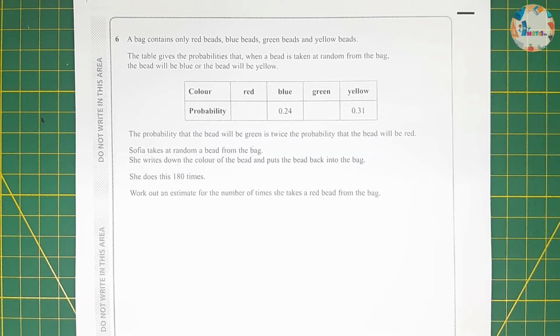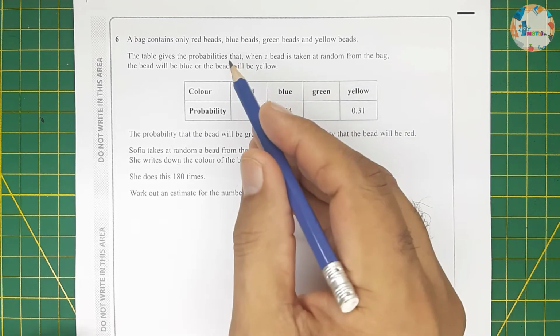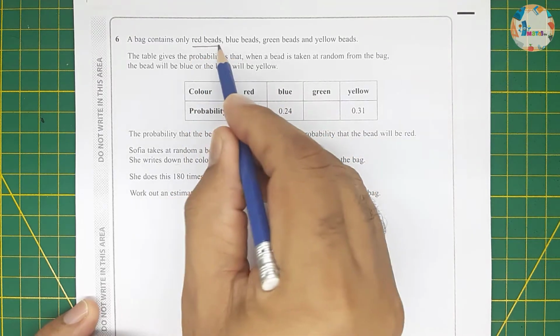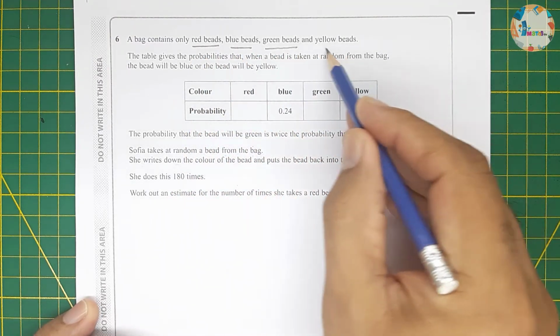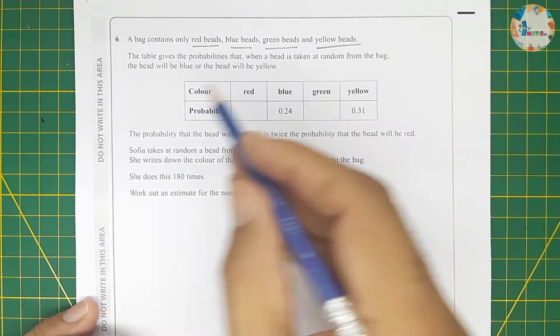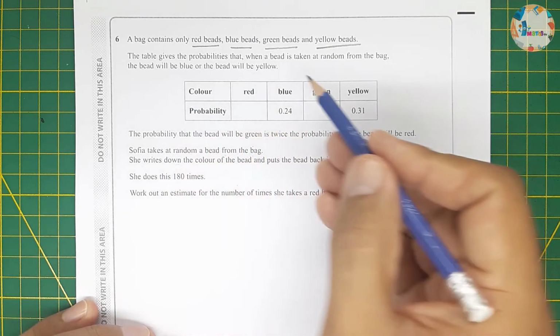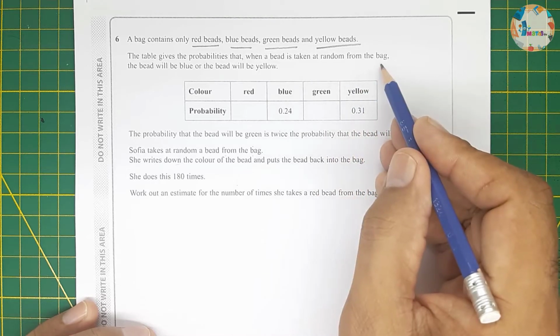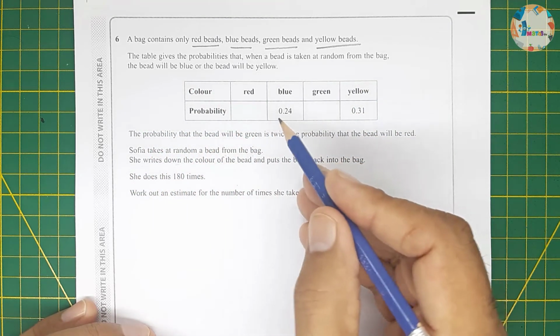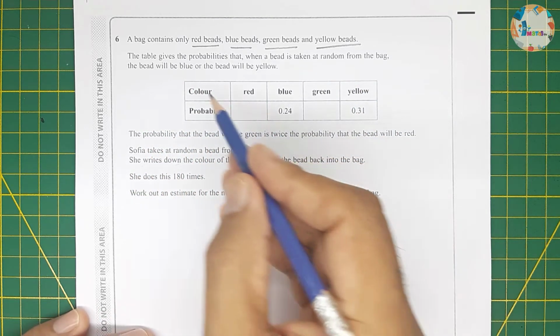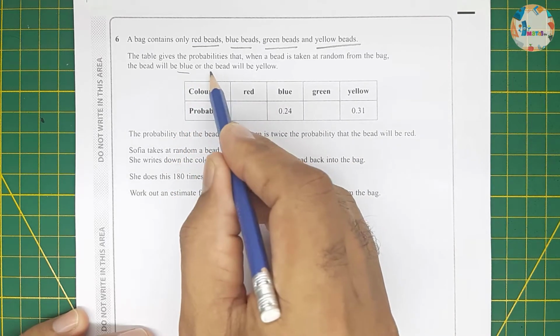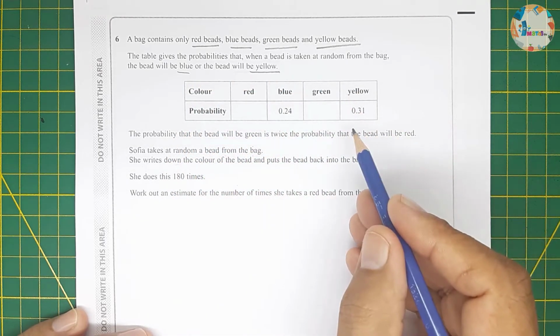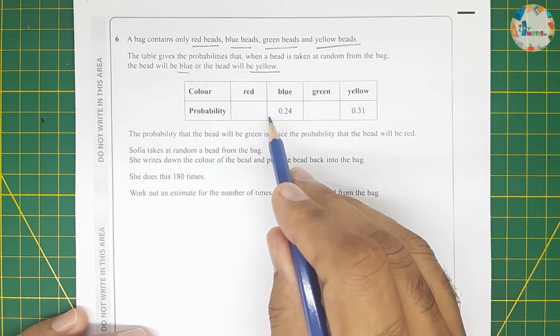Now question number 6. A bag contains red beads, blue beads, green beads, and yellow beads. The table gives the probabilities that when a bead is taken at random from the bag, the bead will be blue or the bead will be yellow. So for blue and yellow, they have provided probabilities.